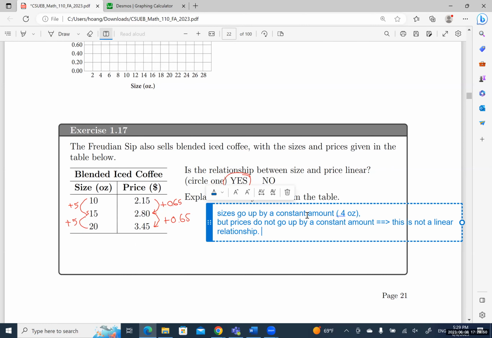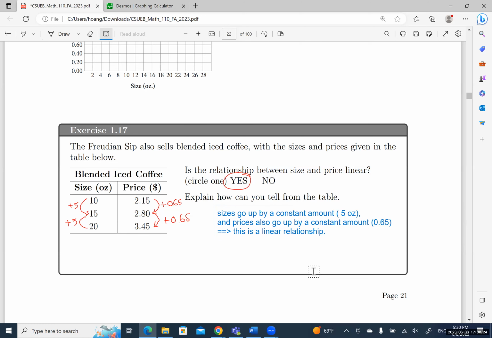I say the size goes up by a constant amount of 5 ounces and the price also goes up by a constant amount of 0.65. So this is a linear relationship.